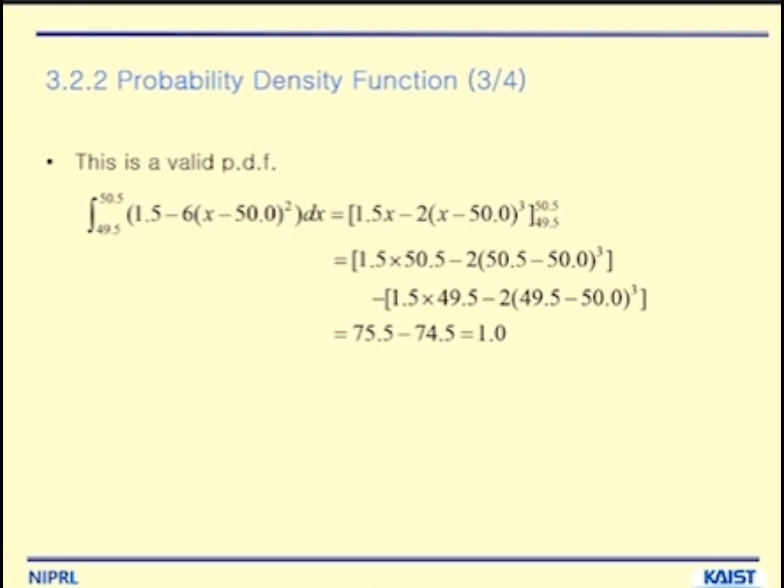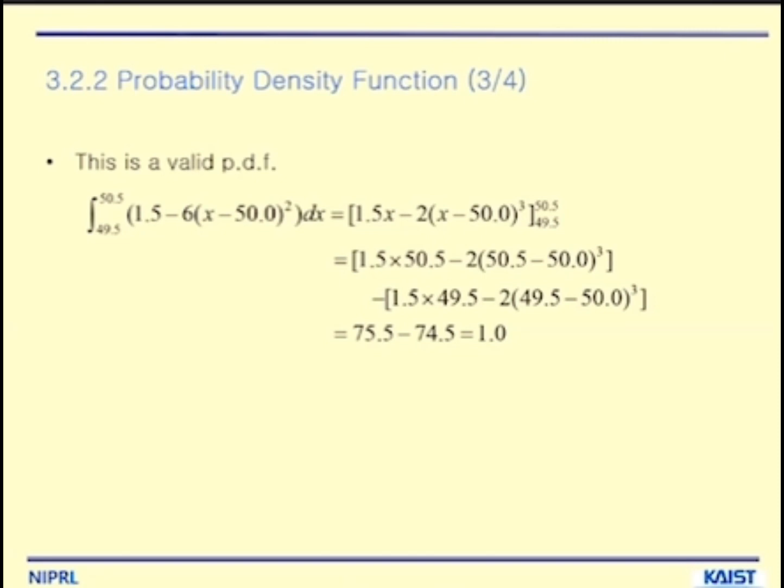Now that is what I'm trying to do here. You are given a function, right? And you're given the range, right? If you remember in your high school, this is what we call definite integral. The definite integral is where you have the lower endpoint and the upper endpoint.